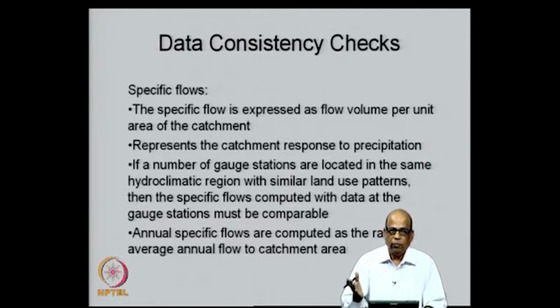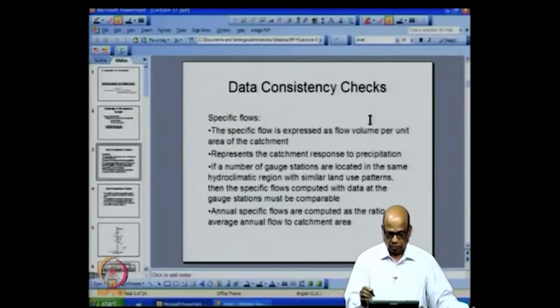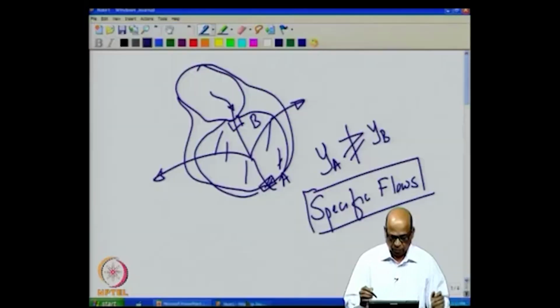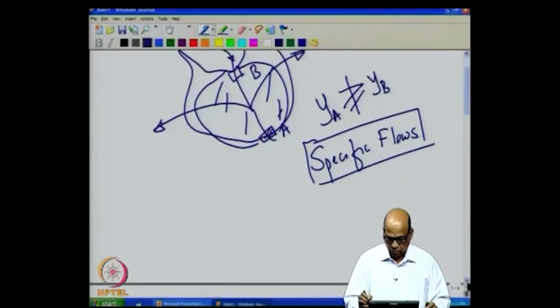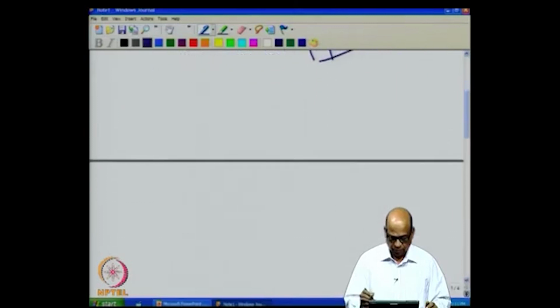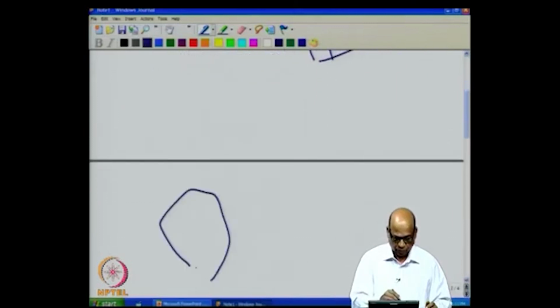Now, if a number of gauge stations are located in the same hydroclimatic region, as I said, hydrologically homogeneous regions, then you must expect that the specific flows are comparable. This again I told you in the last class, but because it is an important concept, let us recall what I mean by that. Let us say that you have two regions like this.